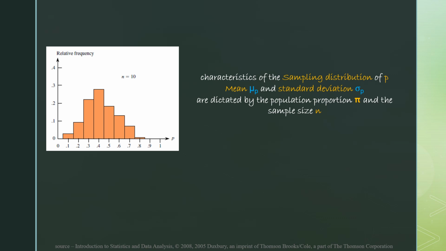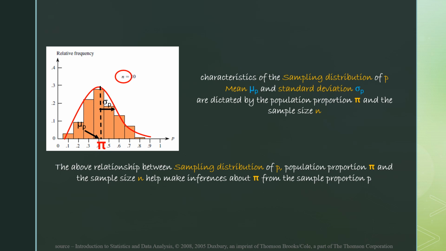However, the characteristics of the sampling distribution of p, namely its mean mu p and standard deviation sigma p, are dictated by the population proportion pi and the sample size n. The above relationship helps make inferences about pi from the sample proportion p.